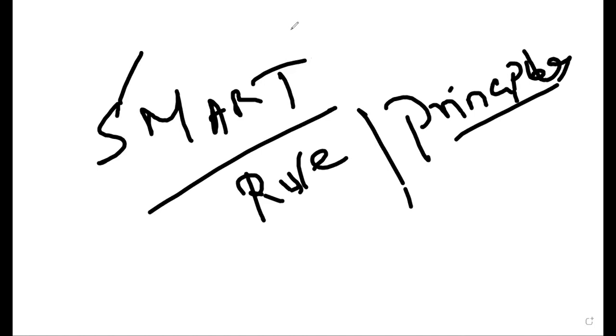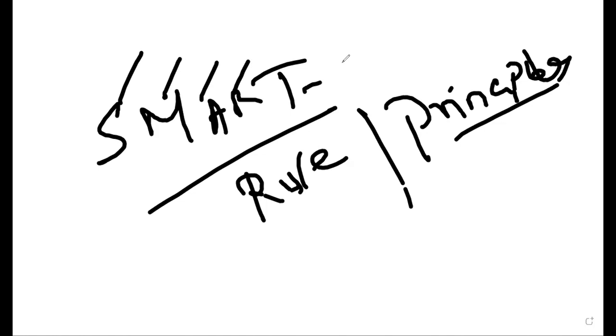The scope should be very specific to the project. M stands for measurable. A stands for achievable. It should be achievable by the person who is going to work on the scope. And R stands for realistic.